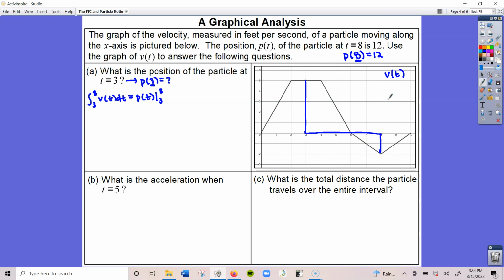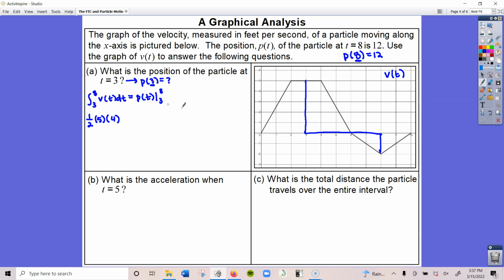So let's find those areas. First, the area of this trapezoid is 1/2 times the height, which is parallel to the bases, so that's 1, 2, 3, 4, 5, times base 1 plus base 2, which is 1 plus 3, which is 4.